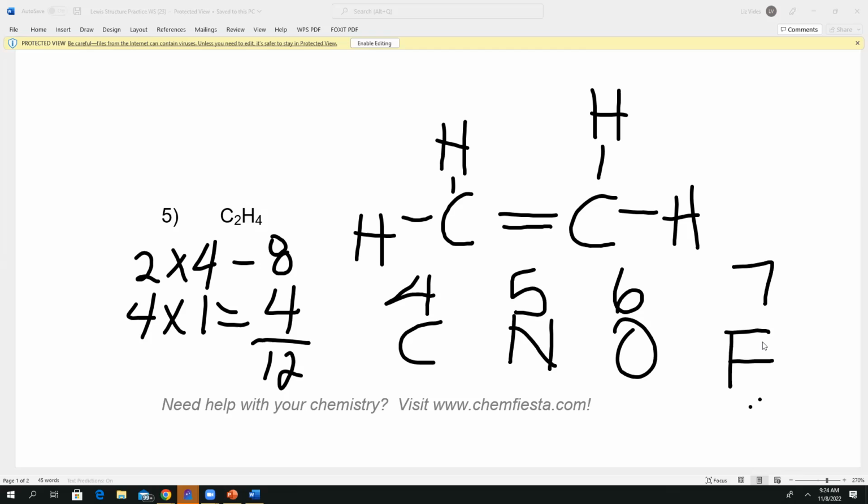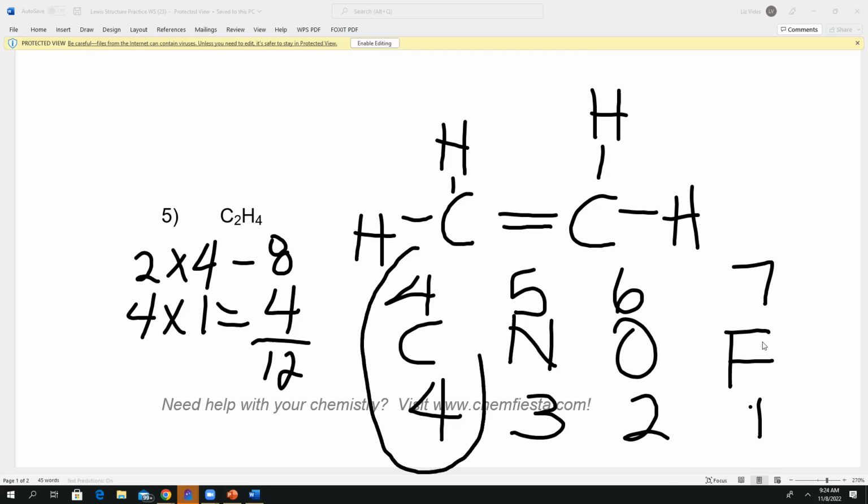This is how many bonds these make. Isn't that the coolest? They all add up to 8. So you remember, carbon has 4 electrons, it makes 4 bonds. Nitrogen has 5 electrons, it makes 3 bonds.